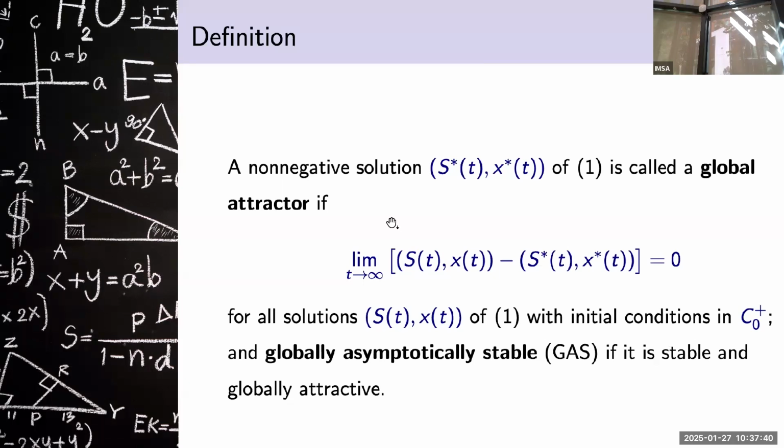Here we say that a non-negative solution, written this way, will be called a global attractor if the limit of the difference between any solution and this solution goes to 0 when t goes to infinity. When we have that, we say that this non-negative solution is a global attractor. And we say that it is globally asymptotically stable if it is stable and globally attractive.